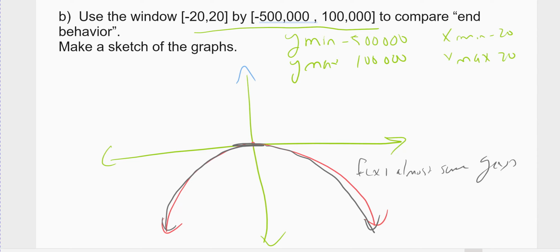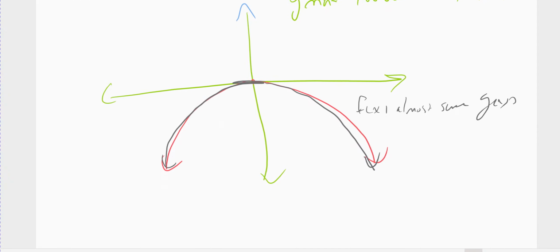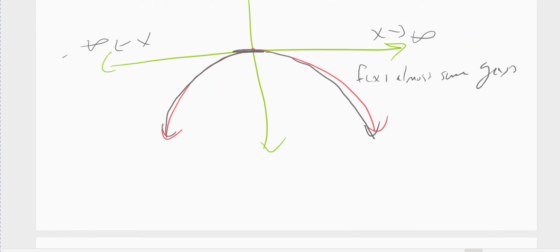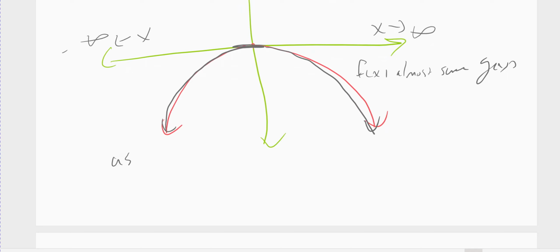And when it comes to the end behavior, what's happening at the tails, they are the same. As I plug in really big values, as my x values are going to infinity, my x values are going to negative infinity, my function's doing the same thing.